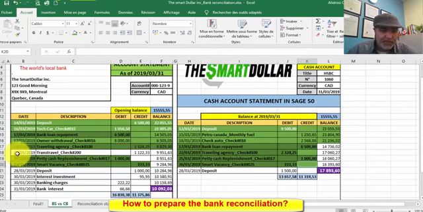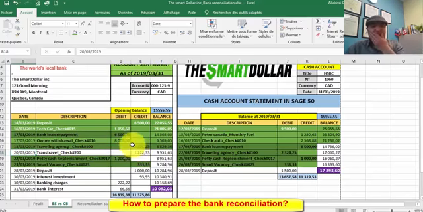Okay. What else? Look. We deposited a check given by our customer Trans Travel, but we forgot to record it in our cash book, so normally it should be added.